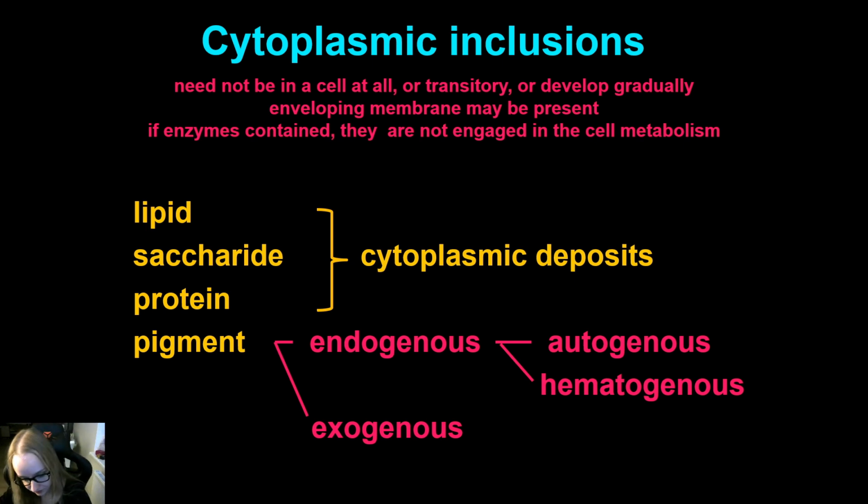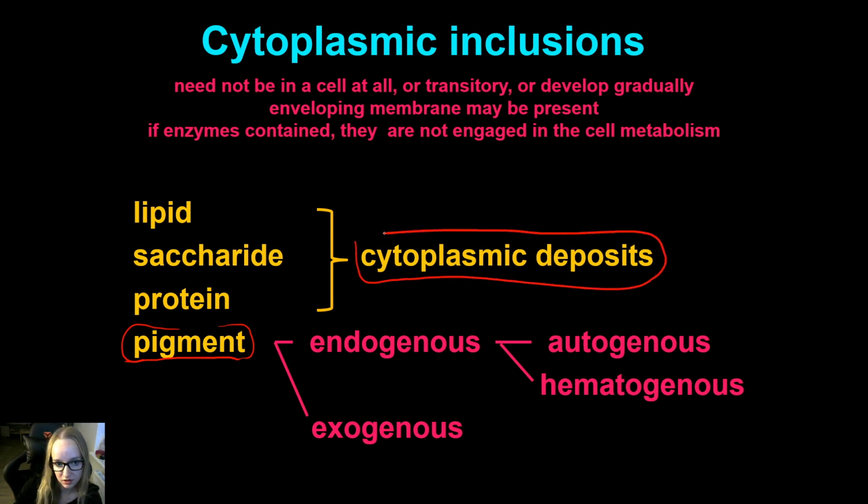And so we can distinguish pigment inclusions and cytoplasmic deposits, two big groups. Pigments have their natural color by themselves, and they can be endogenous pigments or exogenous pigments.